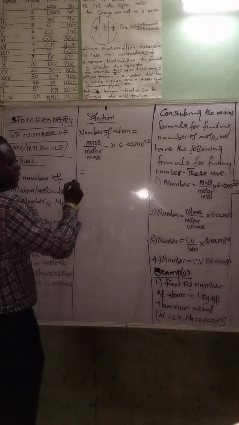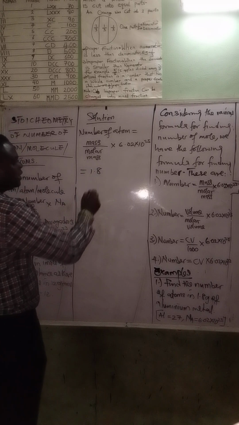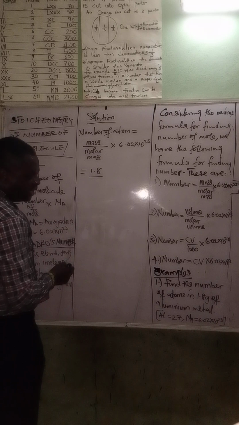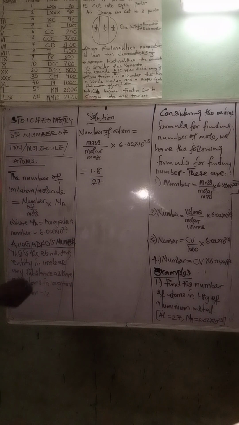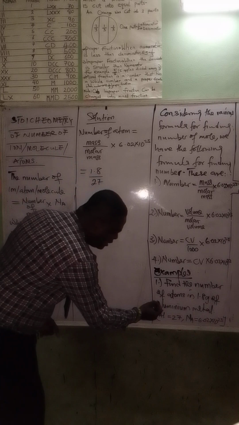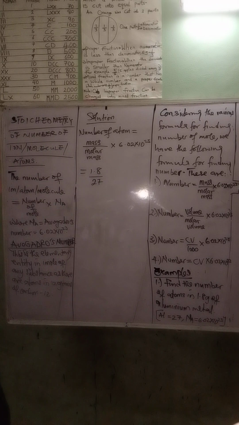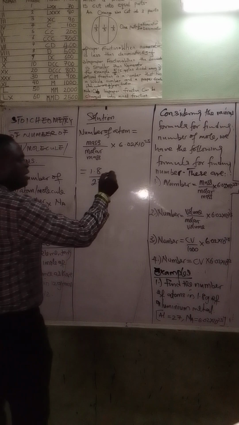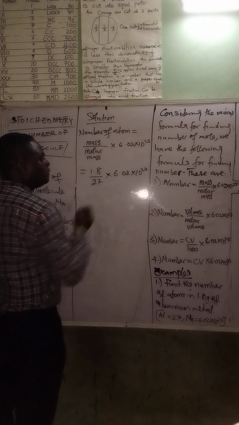The mass is 1.8 gram over molar mass, aluminium is Al, that's 27. We will not multiply it by anything, because any element whose name ends in ium is monoatomic. Then times 6.02 times 10 to the power 23.